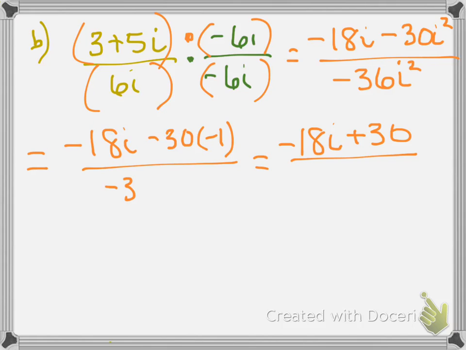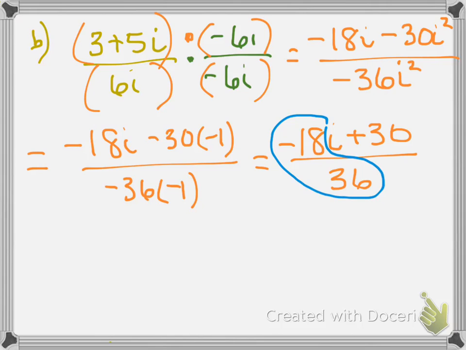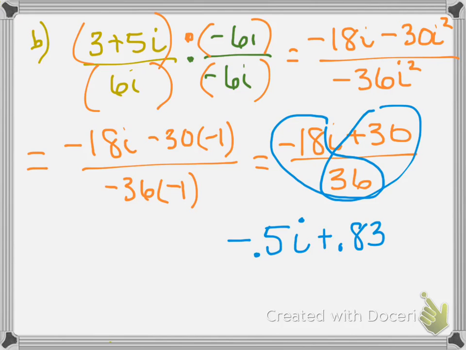Negative 36 times negative 1 is a positive 36. So now I just have to do the division. So you divide negative 18 by 36, and that's negative 0.5. That gets the i. And then we divide positive 30 by 36, and we get 0.83. It's repeating, but you can just round it to 0.83. And there's our solution for 3B.